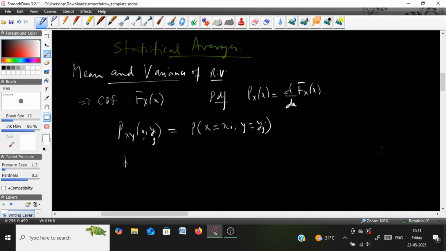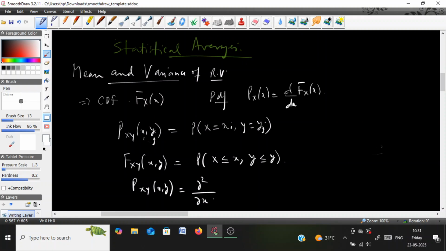So the joint CDF will be Fxy of x comma y, which is the probability of x having a value less or equal to x and y less or equal to y. Similarly, the joint PDF of continuous random variables will be del square by del x del y, the partial derivative of F of x comma y.